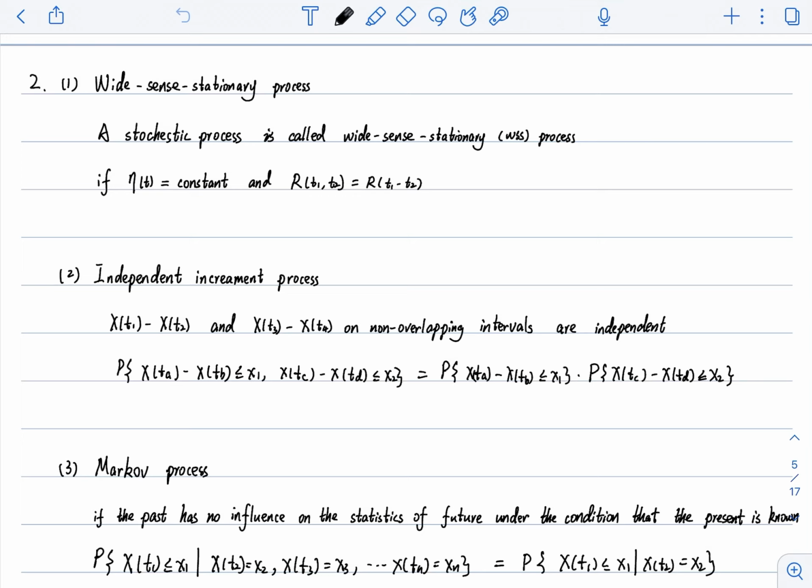Secondly, for the independent increment process, it is defined by X(t1) - X(t2) and X(t3) - X(t4).